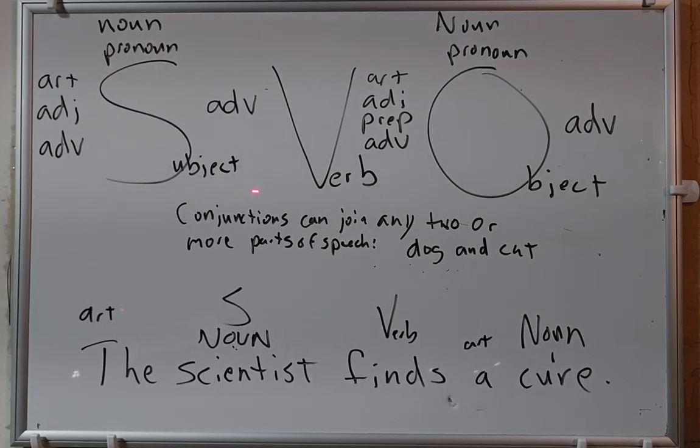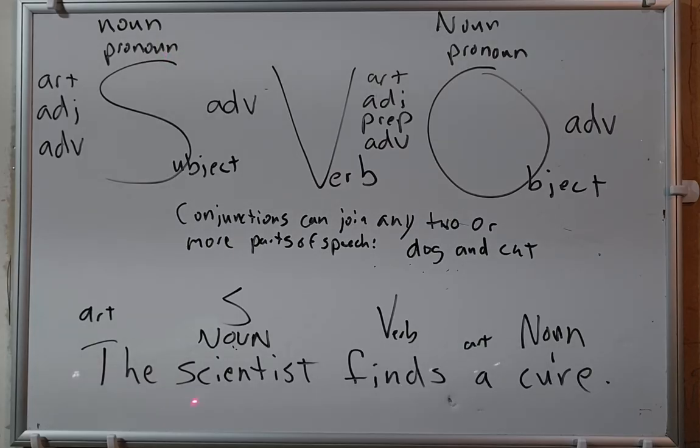look at SVO. This is as difficult as I want writing and grammar to be. Every sentence has a subject in the S position in the front of the clause. The subject is a noun or pronoun.